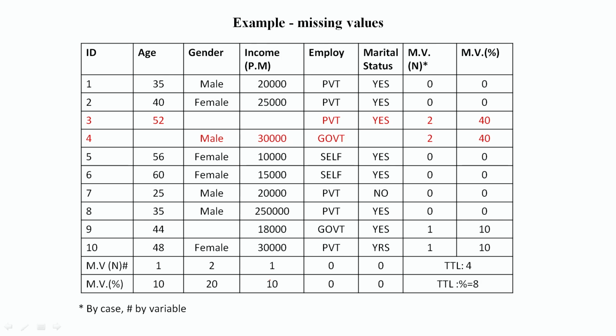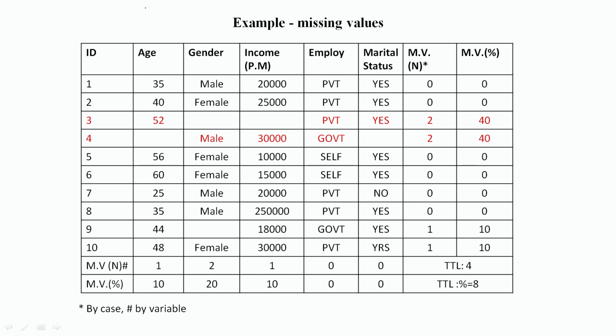So let us proceed to the next phase. Look at this table. I have taken an example. It is a hypothetical example. I have given 10 numbers in the beginning that indicate ID. That means I have given an ID number or serial number to the questionnaire.